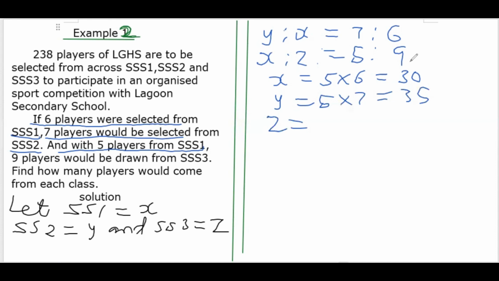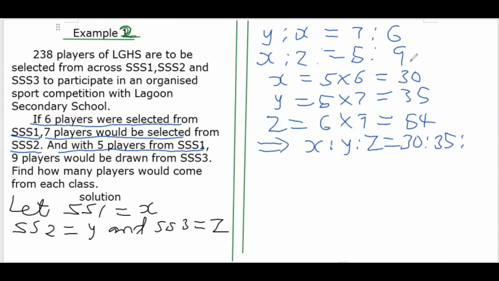So Z will be 54. This implies that X ratio Y ratio Z equals 30 ratio 35 ratio 54.